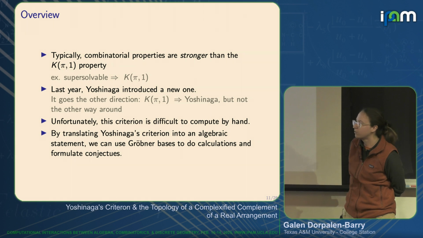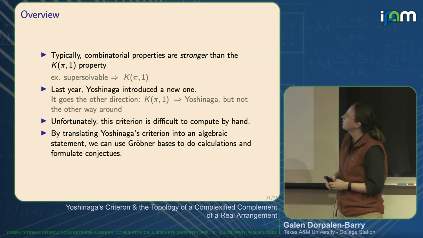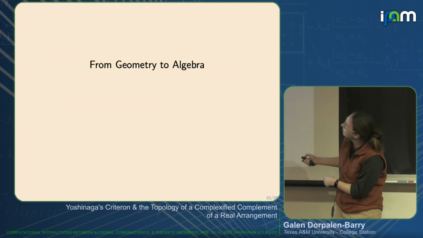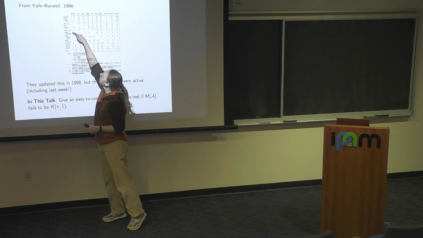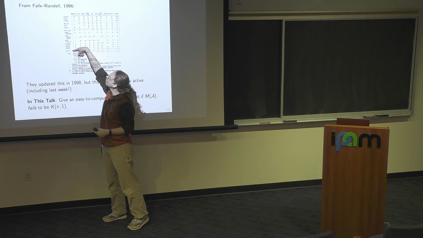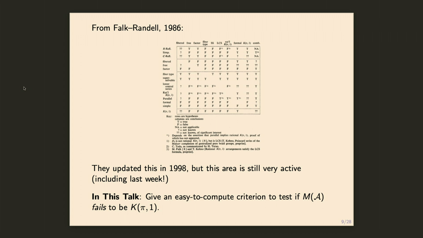Okay. So just to orient ourselves in the conversation, there's a bunch of properties people are interested in, and actually, maybe I'll just point this out here. There's supersolvable, factored, free, fibered, lower central series, rational k pi 1, parallel, formal, simple. These are all ways where people are trying to come up with combinatorial or other checks for this property here.